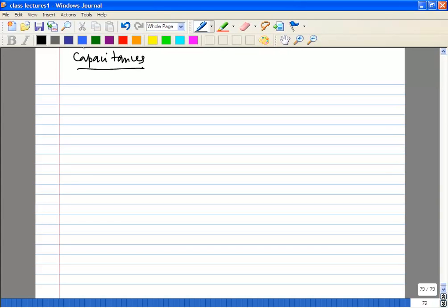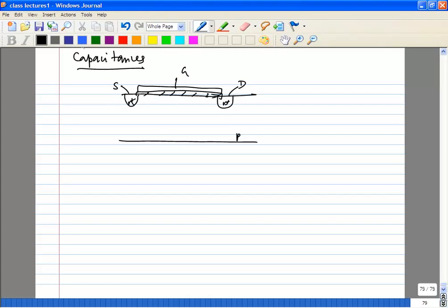So you need to consider all appropriate device capacitances at high frequencies. What are the device capacitances? Let's call this the source, the drain, this is the gate, and this is the bulk. What capacitance do you know of? You have source to bulk and drain to bulk junction capacitances.